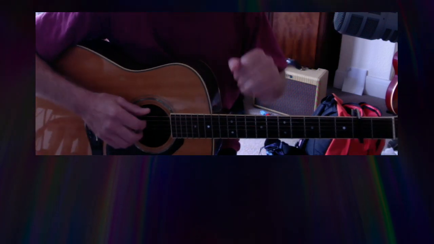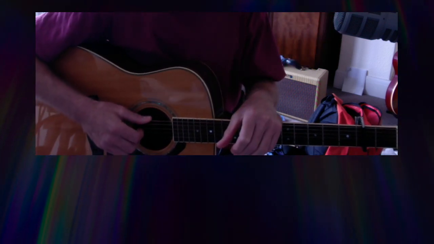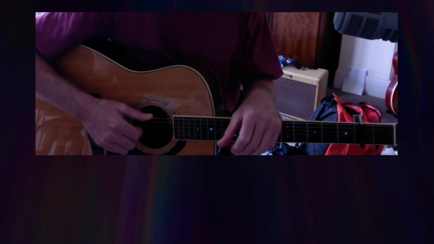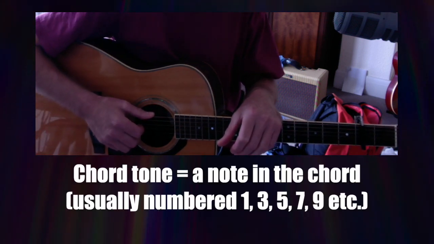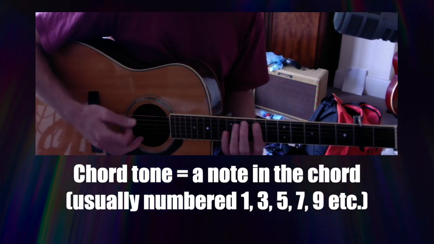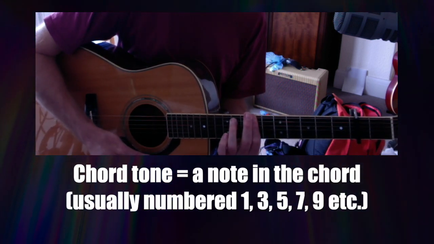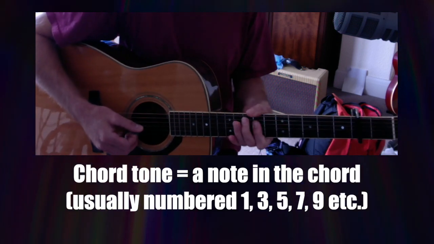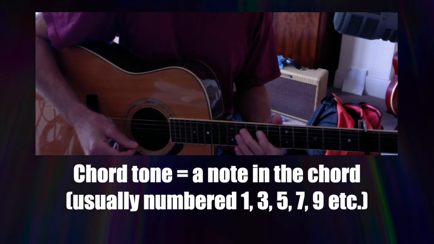Well, in a 2 chord we can play any of the notes in the chord, and most people call those chord tones or notes in the chord. That's perfectly fine. So that 2 chord, I'm playing it as a minor 7, so we have 1, 3, 5, 7 in that chord.